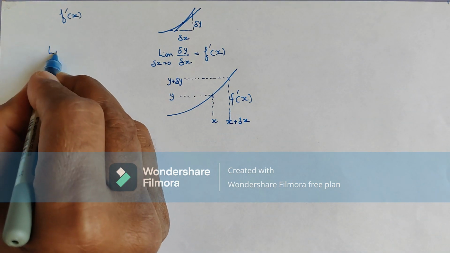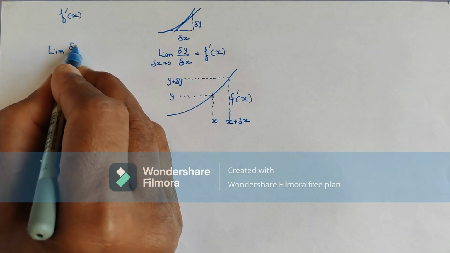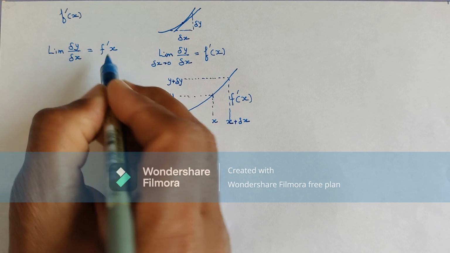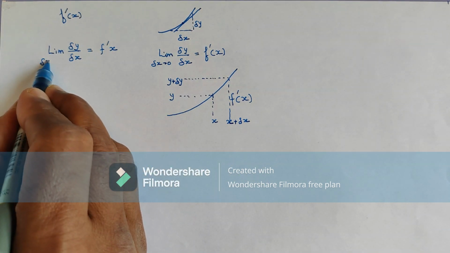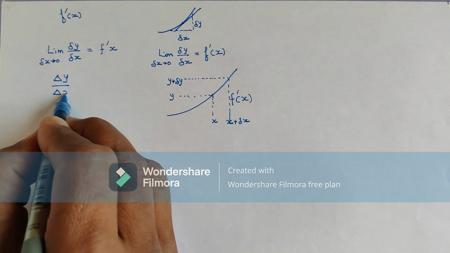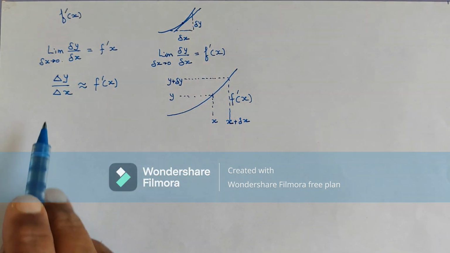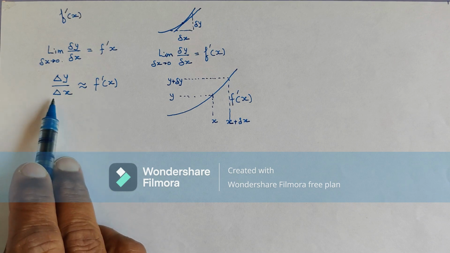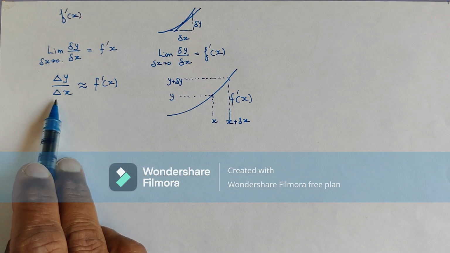So now that we know the limit for delta x approaching 0, for a small but finite non-zero value of delta x, this would become an approximation, and the approximation will become more and more correct as the value of delta x reduces more and more.